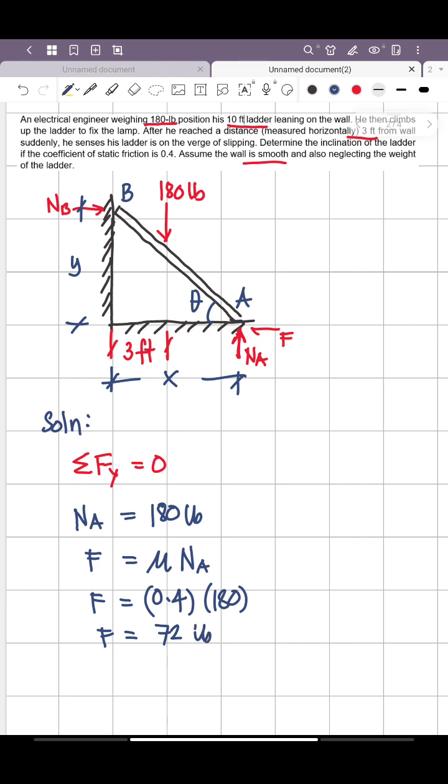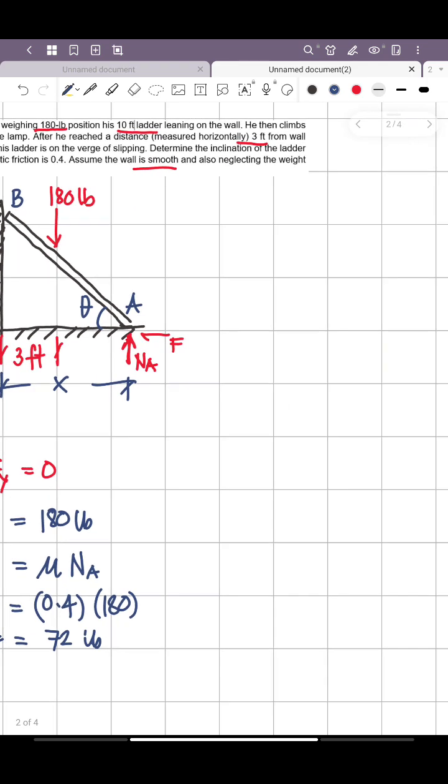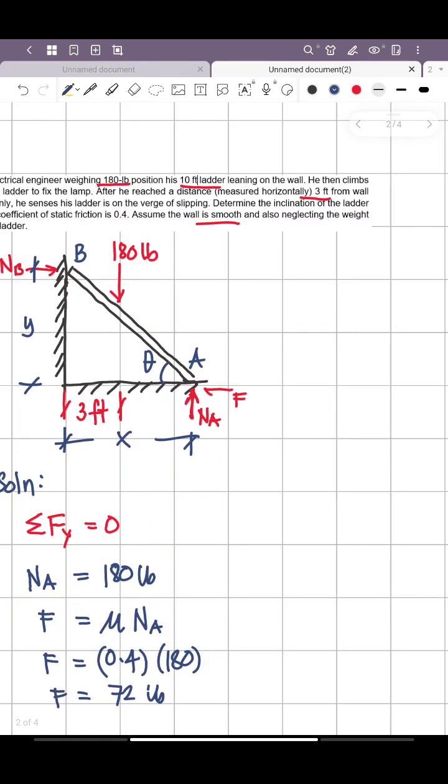Now, ano pa ba yung kulang natin dito? Okay, yung value ng Y natin dito is, yung haba ng ladder natin is 10 feet, that is 10 sine of theta. Then yung X natin, that is 10 cosine of theta.